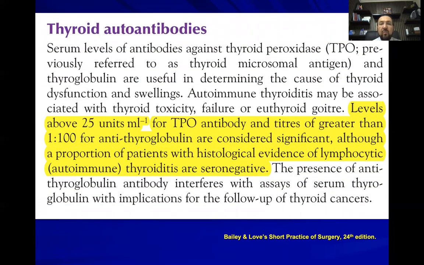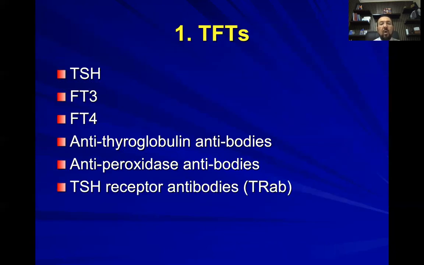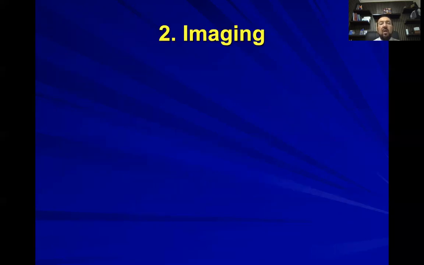However, another quote from Bailey and Love, Short Practice of Surgery, lets us know that there is also a seronegative thyroiditis, which means that the antibodies might be normal while the patient can still be diagnosed as Hashimoto. Recently, there is the TRAB, or the TSH receptor antibodies, and this is very important in the differentiation between Graves' disease and Hashimoto thyroiditis.